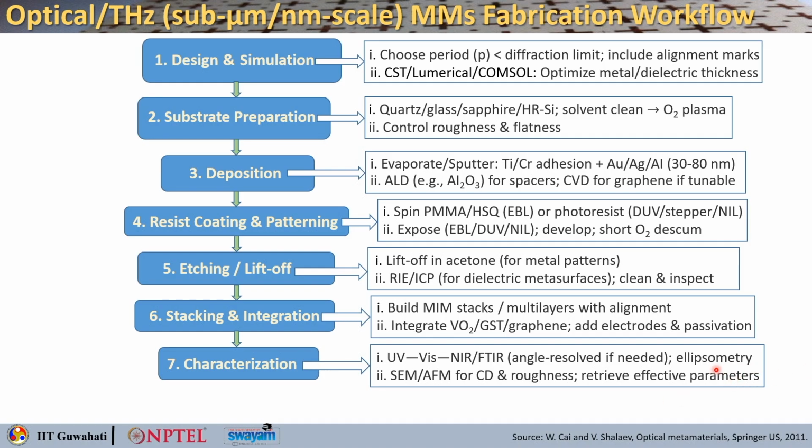You also do ellipsometry that can extract the film thickness and the refractive index. You also perform structural tests using scanning electron microscopy or AFM to measure the critical dimensions or surface roughness, and that also allows you to extract the effective parameters such as permittivity, permeability and refractive index from the measured data.